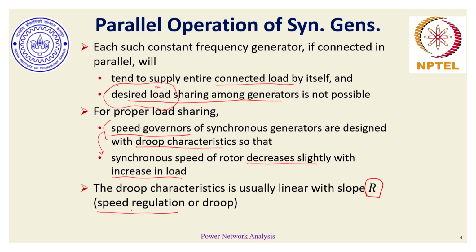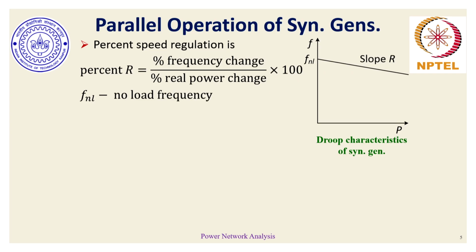And what does this droop characteristic look like? I mean, which is responsible for the principle behind operation of speed governors. The droop characteristic looks something like this, as shown over here in this particular graph. The value R, or the slope R, in percentage is usually the change in frequency as a percentage divided by the percentage change in real power.